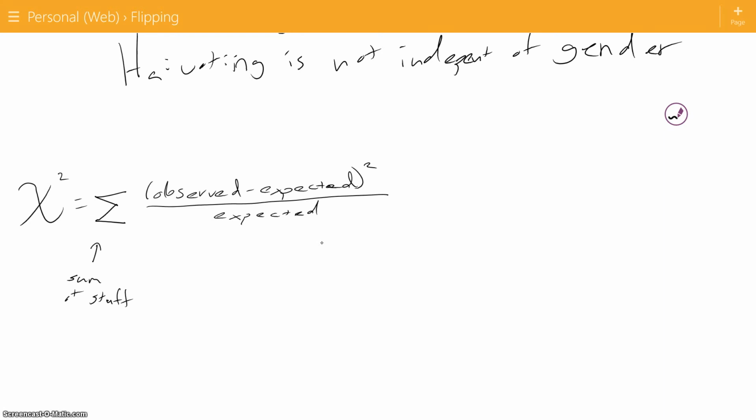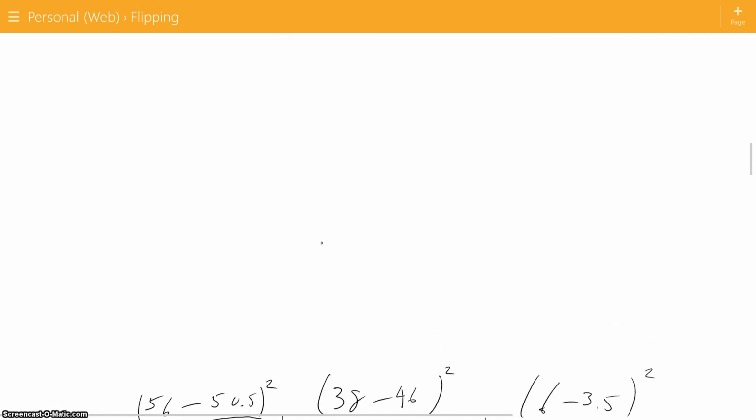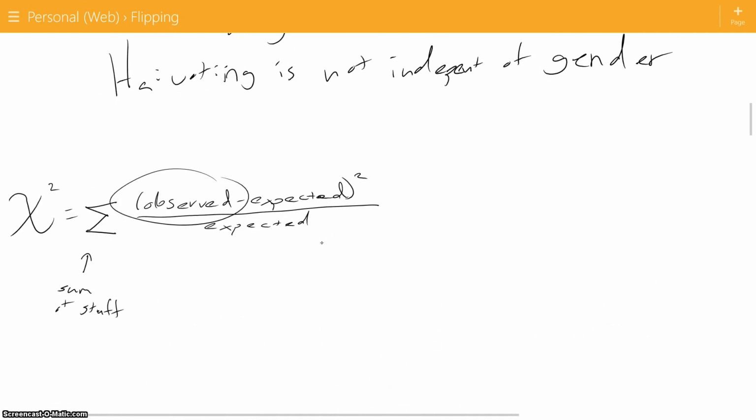The observed is what we just saw. That is what we've got. The expected, though, is if it is broken down fairly and the two data sets truly are independent, we're not going to really see any difference between the two. So we should expect to see that they are the same.